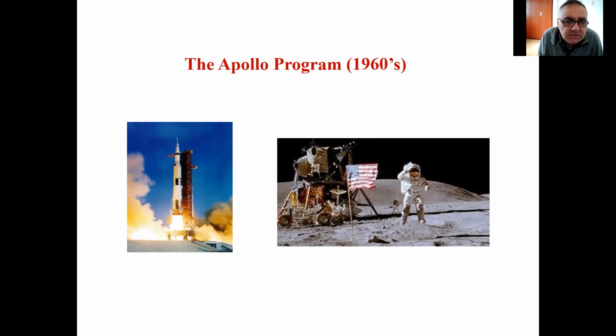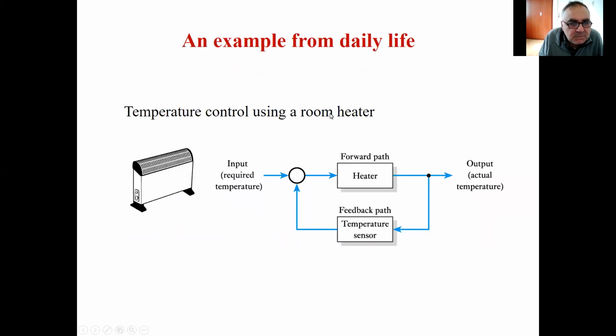The computing technology they had at that time was much less than what we have. Probably their computers were less powerful than your cell phone, but they could land on the moon and come back, which is an enormous accomplishment, and that was made possible, partially at least, by the developments in control systems.